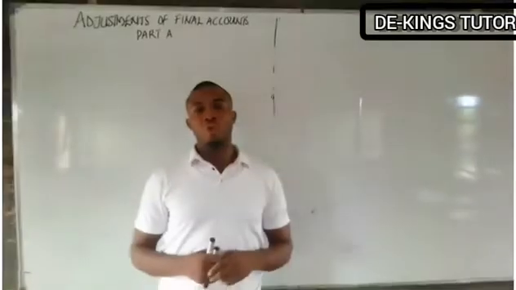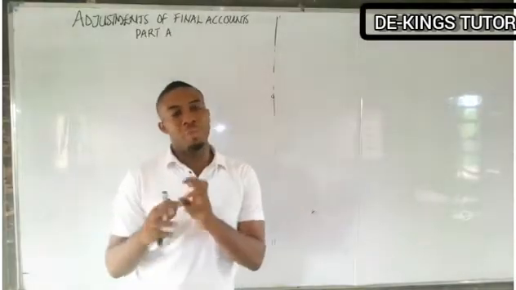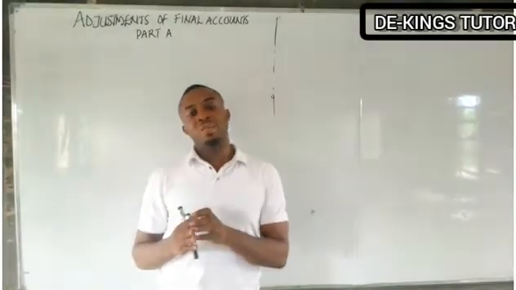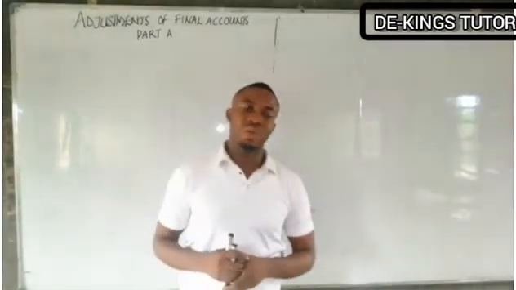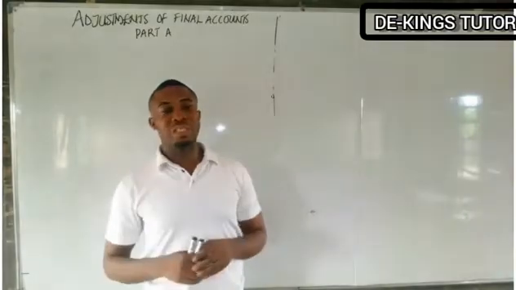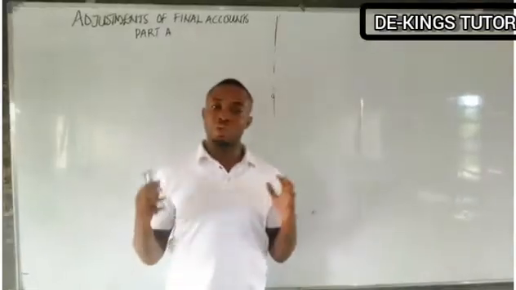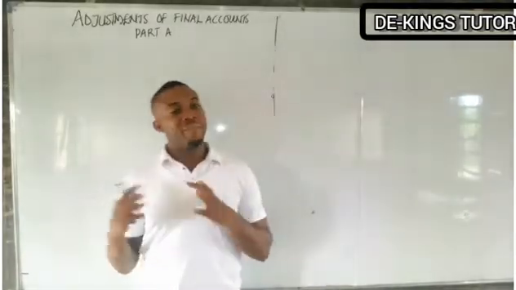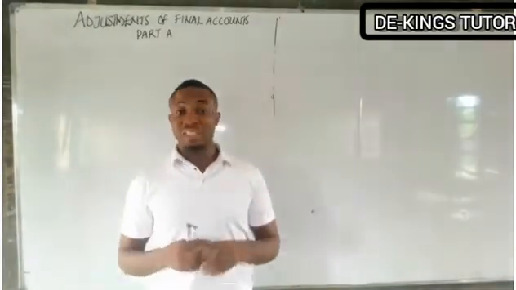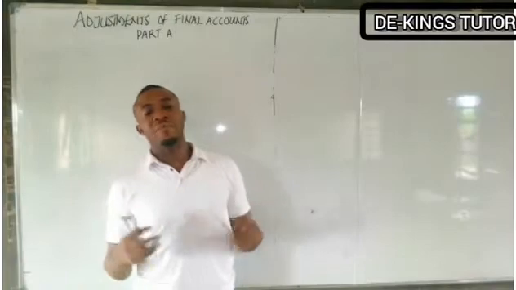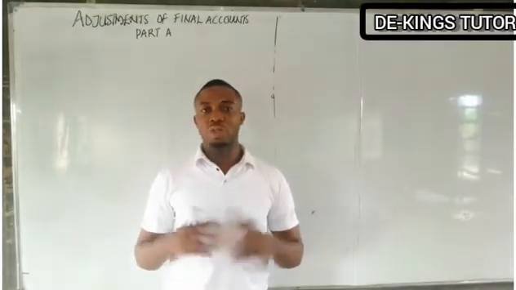So we have to do some little adjustment so that it can reflect in the final accounts. If you're not conversant with this, to solve trading profit or loss accounts will be a problem. Manufacturing account, partnership account, there are various accounts that if you're not conversant with this, you'll find it difficult.